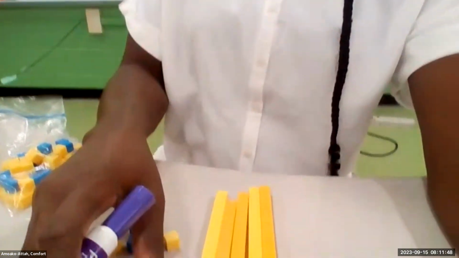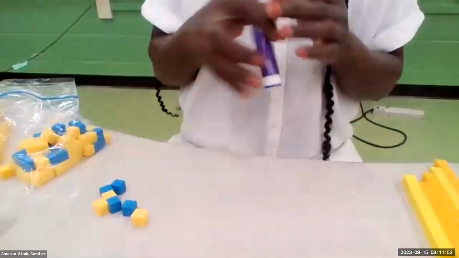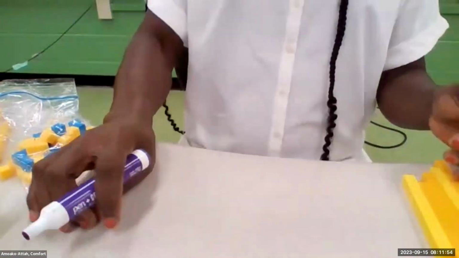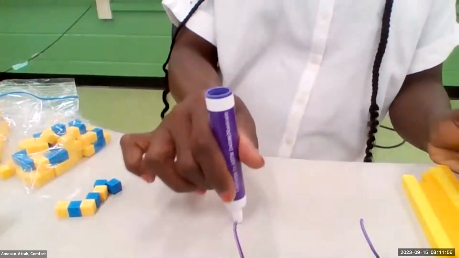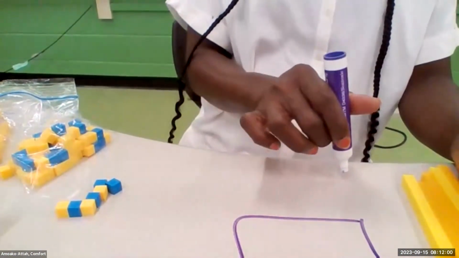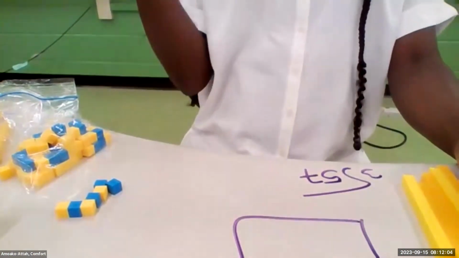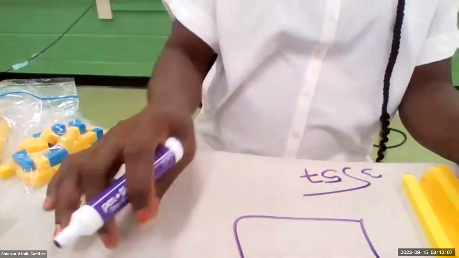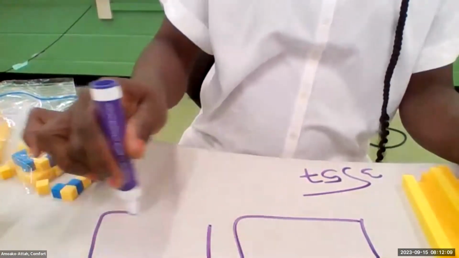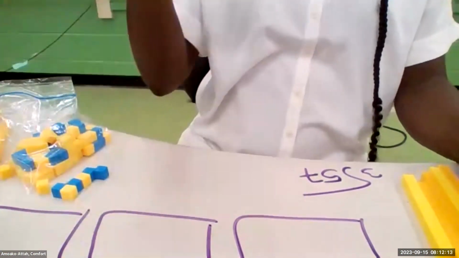Either you give them a whiteboard to work on, or they could work on their table and after that they wipe it. They are sharing 57 among 3 people, so you have 57 divided by 3. That's the problem. Then we should get 3 boxes representing the number of people sharing the 57.